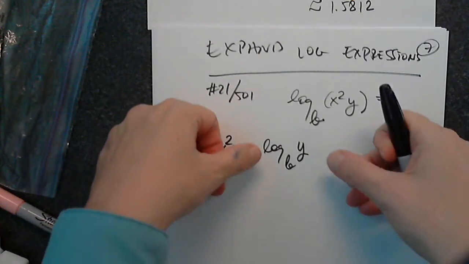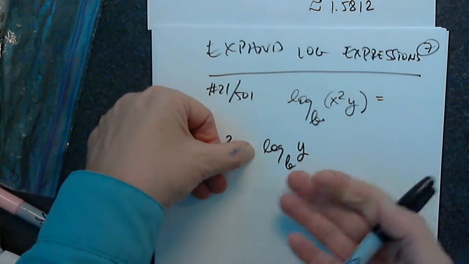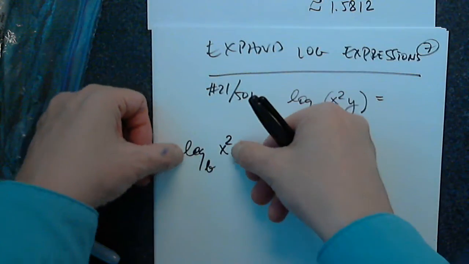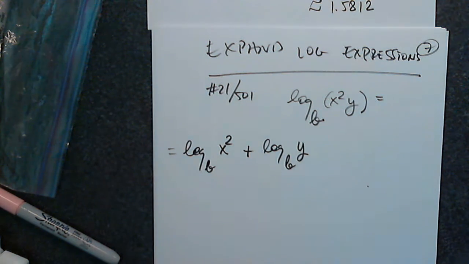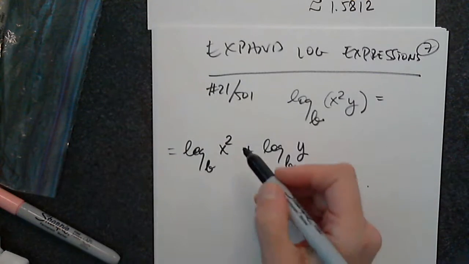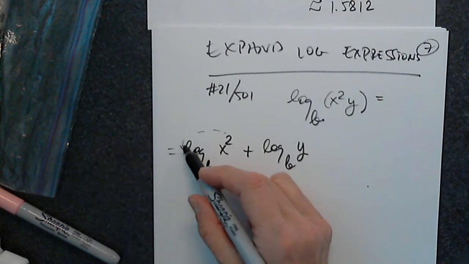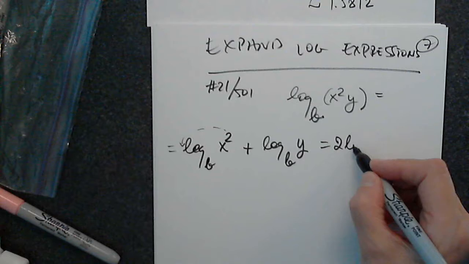Now, we cannot further simplify log base b of y because it's done. But we can further simplify the first term because there is another property that we haven't used yet, which is the power rule. So the power, which is 2, simply goes in front of log. And this is it.